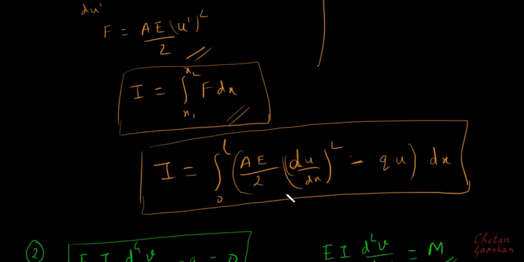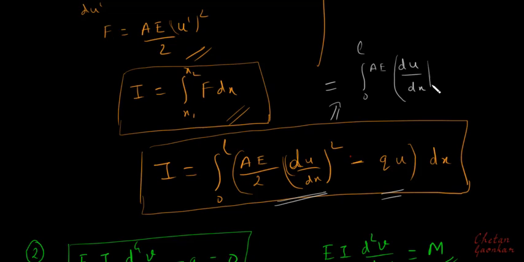Now if you look at these terms carefully, I can rewrite this equation as the integral from 0 to L of AE by 2 times du by dx the whole square dx, minus the integral from 0 to L of qu dx, right?